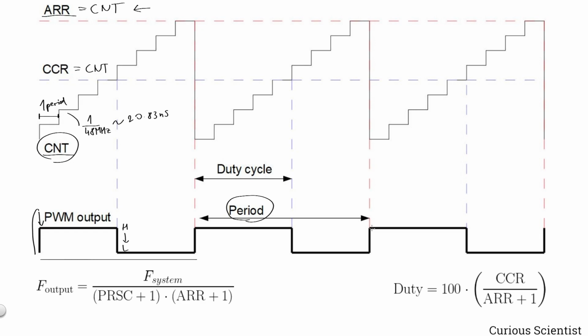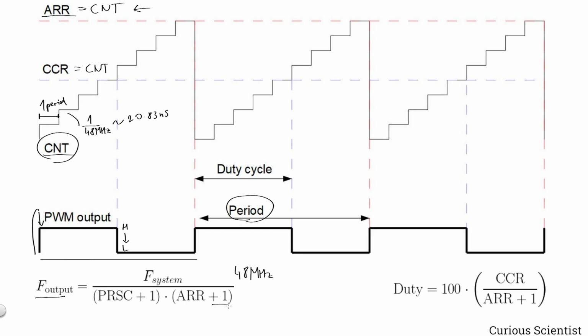And we can derive two parameters based on the registers' values. And one is the output frequency, obviously. So this is the PWM output frequency, and that is nothing else than just the system frequency, so that is the 48 megahertz divided by the prescaler plus 1 times the auto reload register plus 1.